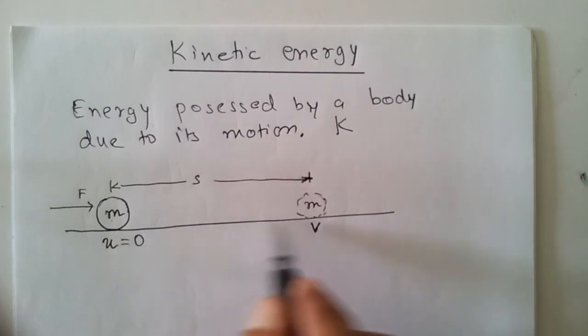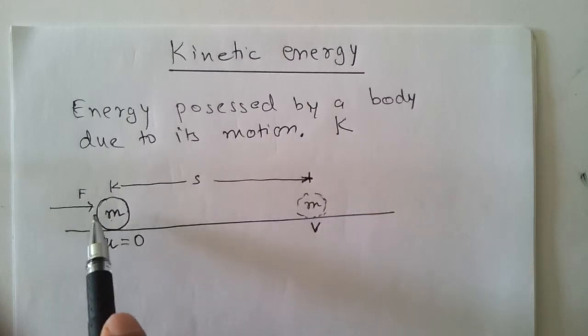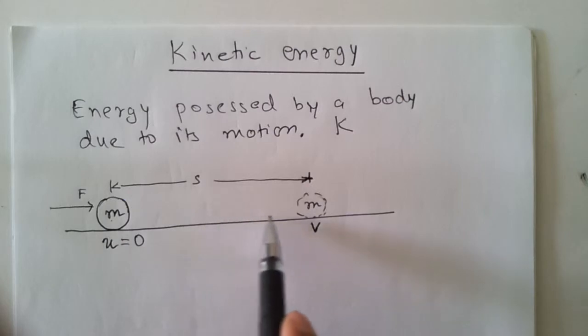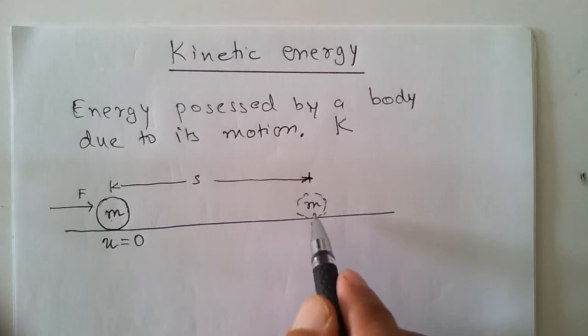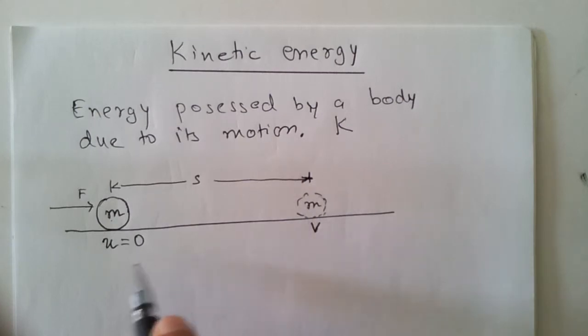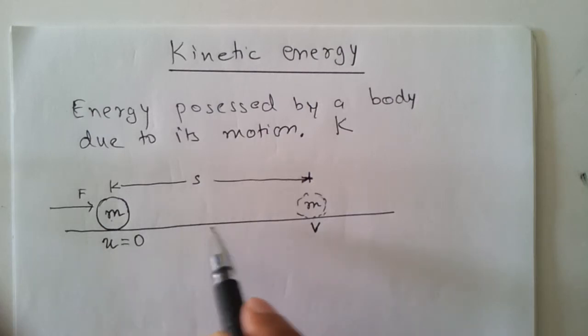Now, the kinetic energy of the body at this particular point is because of the force applied over here. This force has made this object move along this path. That means it has done work, right? And this work has got converted into kinetic energy. Remember, in an earlier video we said work and energy are two sides of the same coin. When we do work, we give energy.